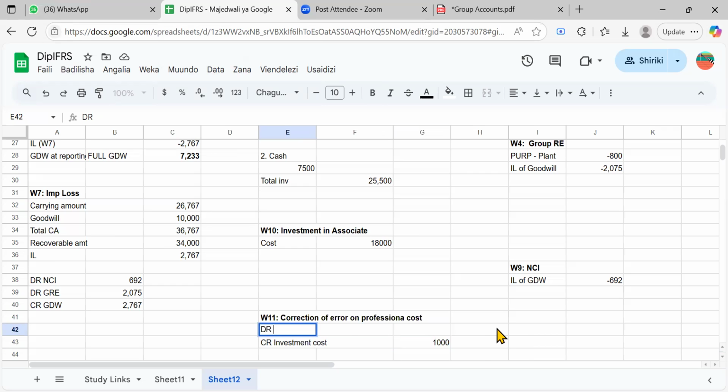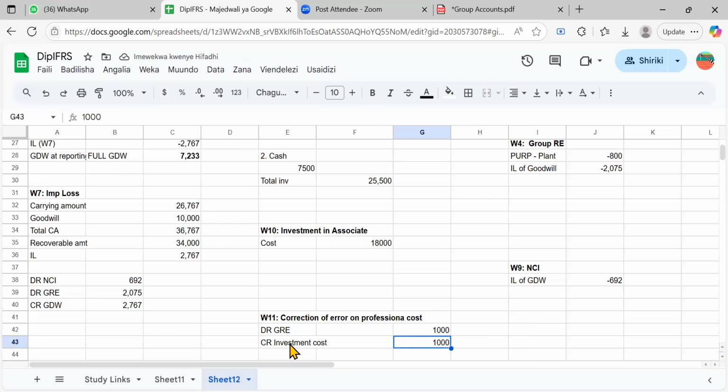Whenever something affects the profit of the subsidiary, that one is shared between group and NCI. But this was settled by the parent, so it goes to group retained earnings. Something that goes to group retained means it is not shared. So by the same figure, which is also 1,000.